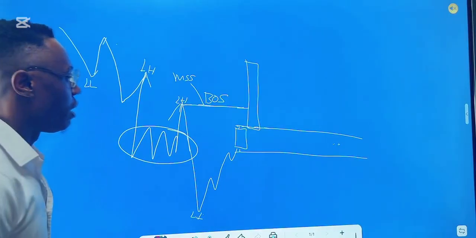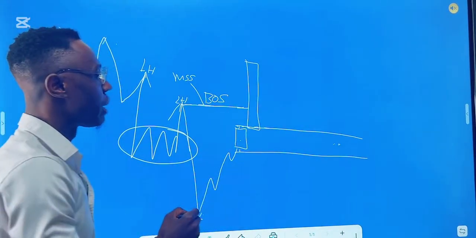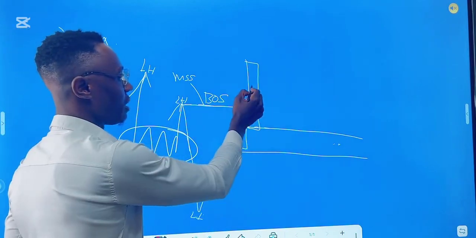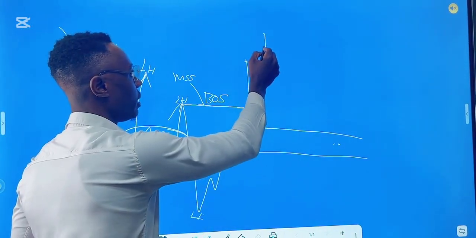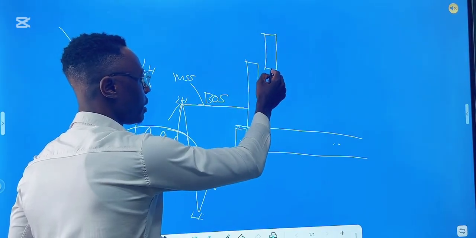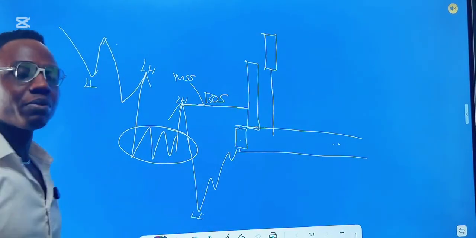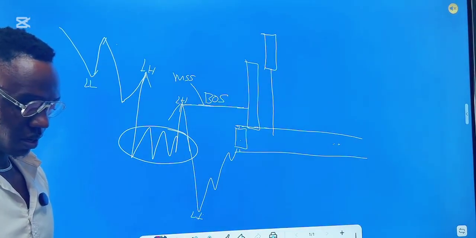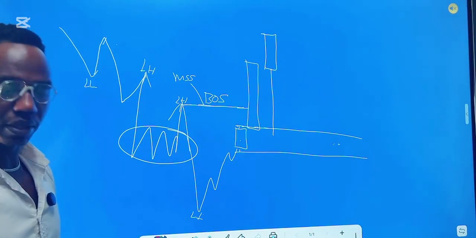If you find an order block here and the market touches it, let's say this is a momentum candle, and the previous candle or the next candle touches the order block like this, this means that the order block has been mitigated, so it's no longer valid.